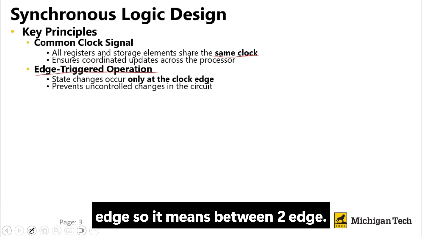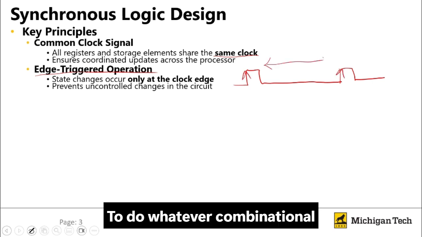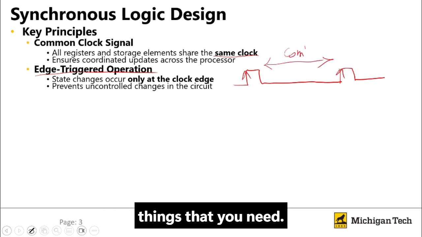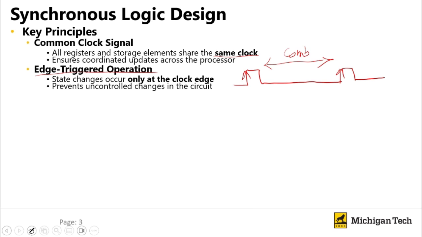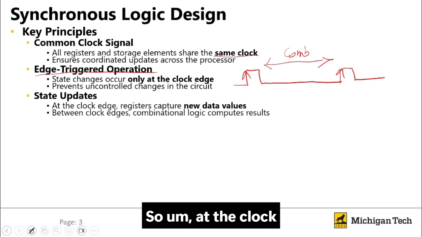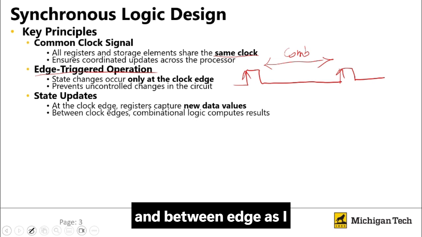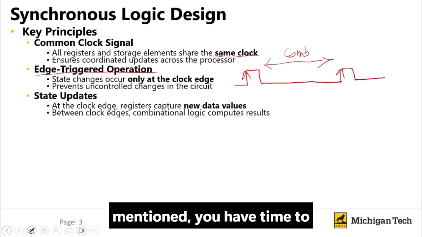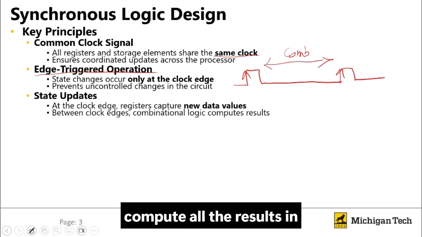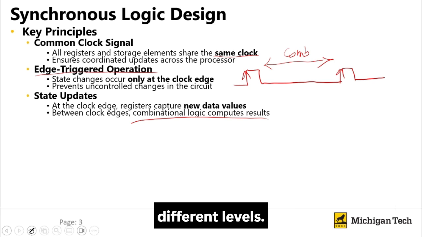So it means between two edges, you have time to do whatever combinational things that you need. At the clock edge, registers capture new data. And between edges, you have time to compute all the results in combinational logic. Because combinational logic sometimes has different levels.